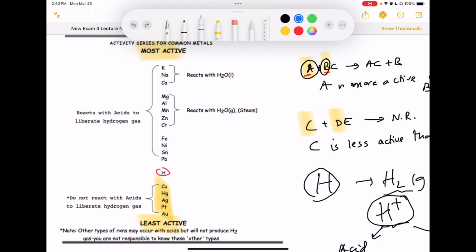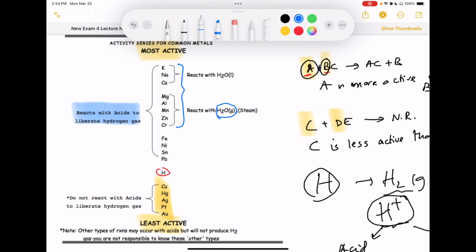First off, all of them are going to react with the acid form of H. All of them. All the way from potassium at the top to lead at the bottom, all of them are going to react with HCl or HBr or any H that is in the form of an acid. Only these ones will react with water in the gas form.